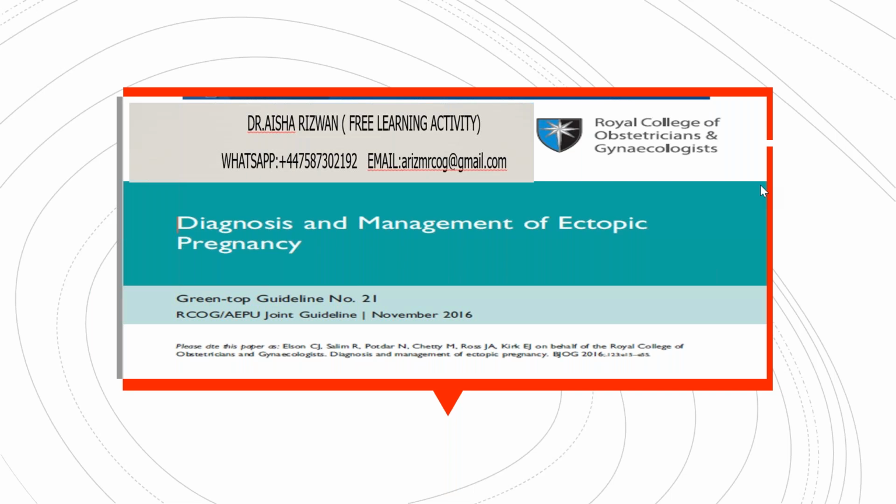So the contraindications to methotrexate: hemodynamic instability, presence of an intrauterine pregnancy, if the woman is breastfeeding, if she is unable to comply with follow-up, like she is living in a far-off area and it is hard for her to come back to the hospital, or the patient's behavior is not reliable and compliance is questionable, then you have to keep them inside the hospital and monitor them. Or if they refuse, then you cannot give them methotrexate.